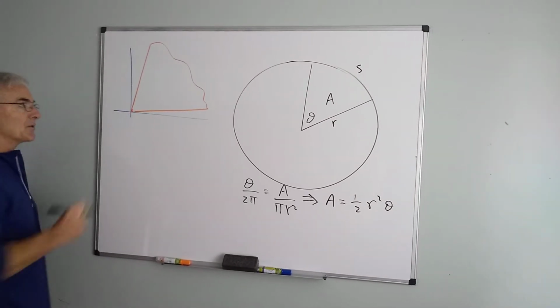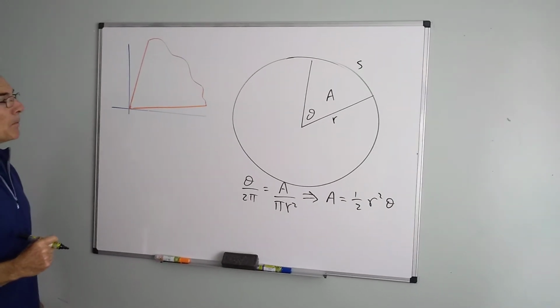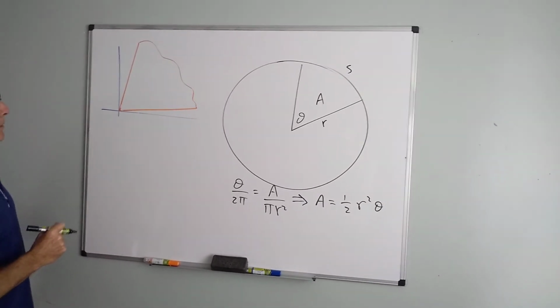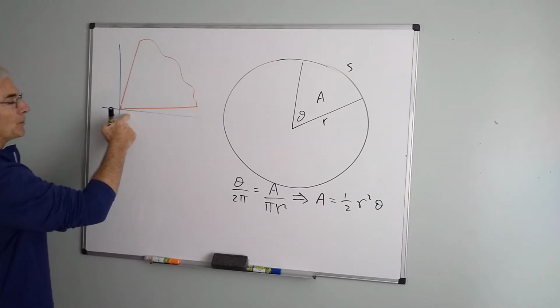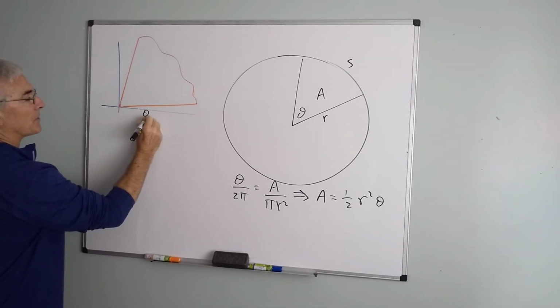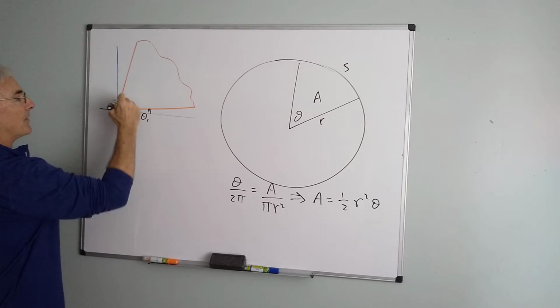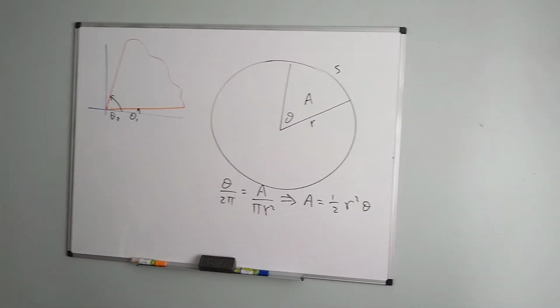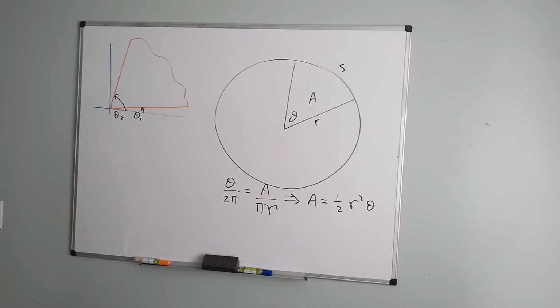Now suppose I have a region in the xy plane but not clearly bounded by y equal f of x or y equal g of x, but bounded instead between angles. So if that angle right there, let's say, was theta 1 and that angle right there was theta 2, then how do I find the area of this region?